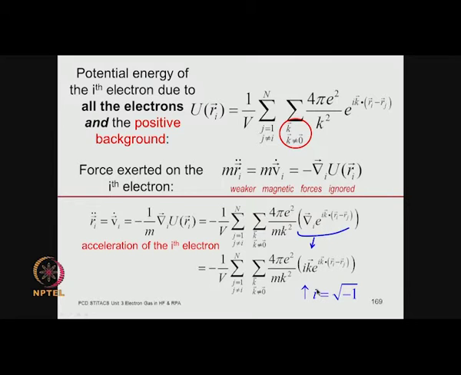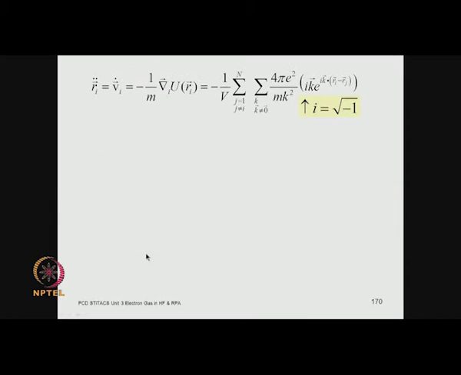This i of course is the square root of minus 1, and this r_i, which is the subscript on the position vector, is referring our discussion to a particular ith electron. So, I am using the symbol i for two things. One is the index of the electron, and the other of course is the square root of minus 1. So, this is our result for the acceleration of the ith electron, which I write at the top of this slide now.